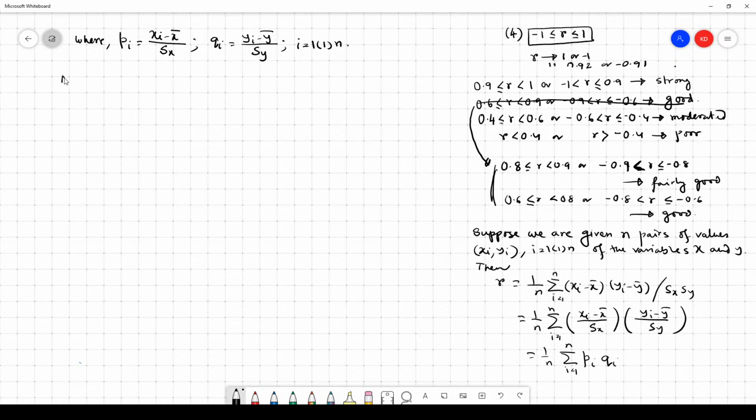Now, summation i from 1 to n of pi qi is equal to nr.